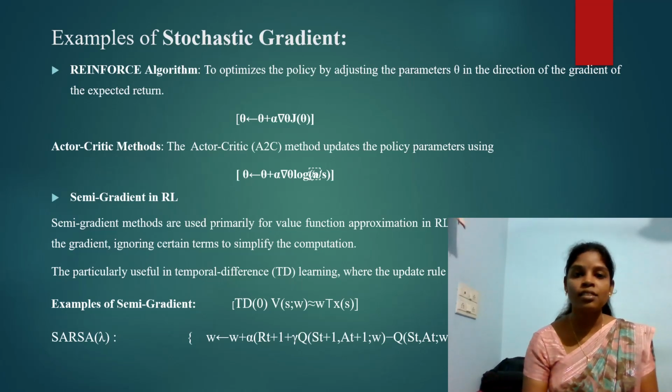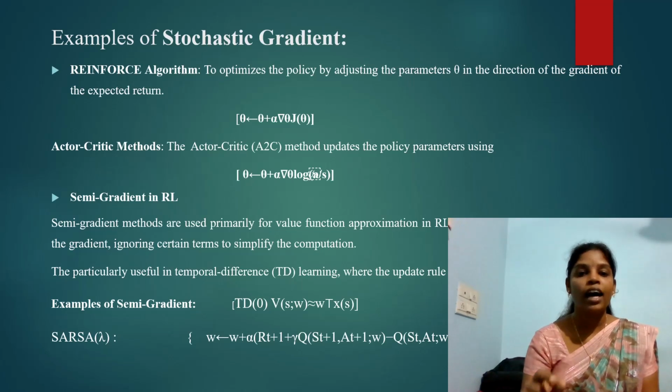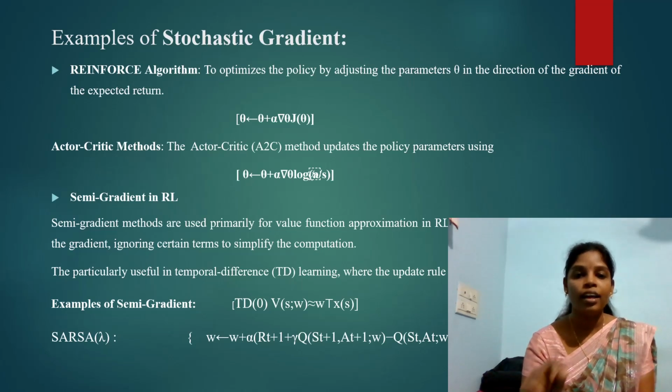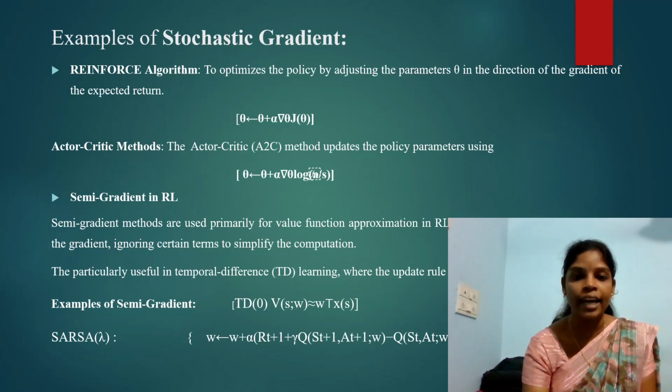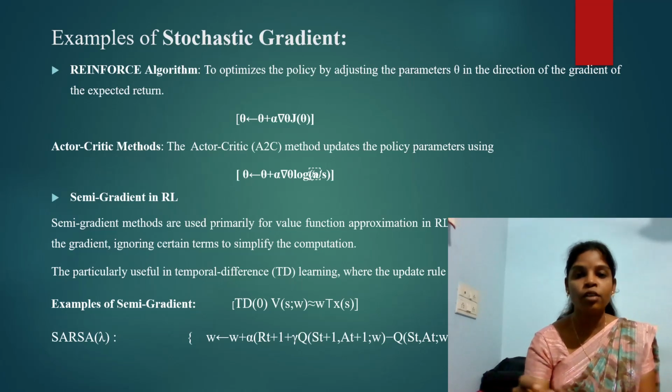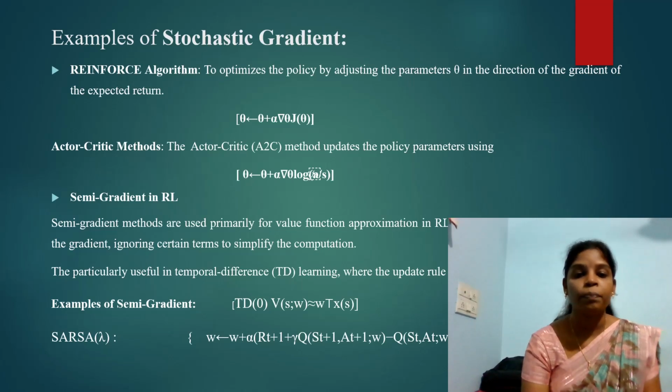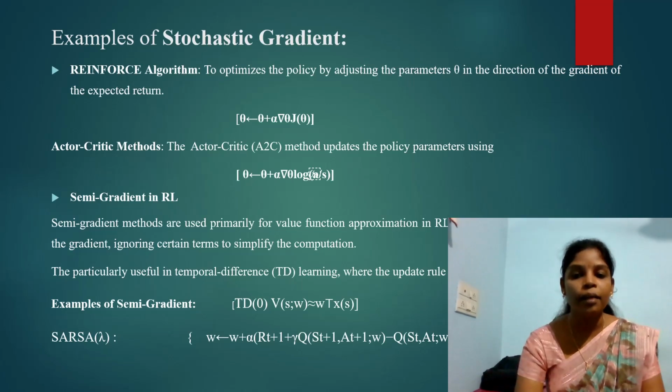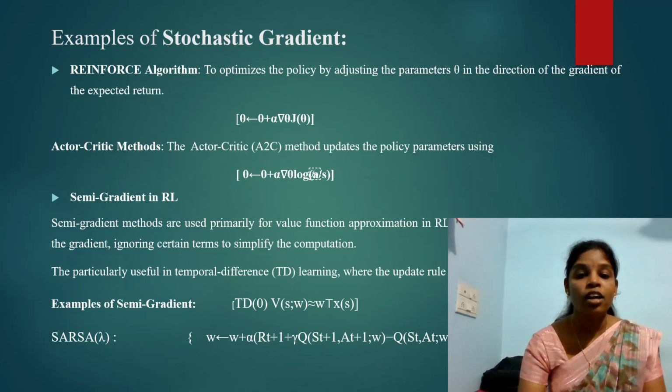We ignore the TD error terms involving theta and alpha, the Q-learning of S comma A with parameter theta. It is used with temporal difference learning, where the update rule involves a bootstrapped estimate.